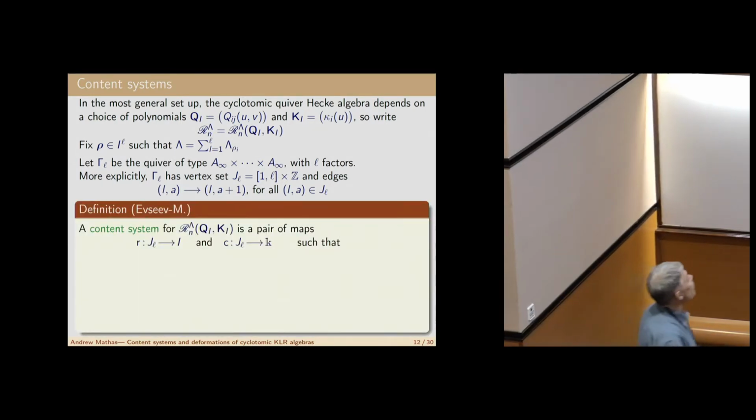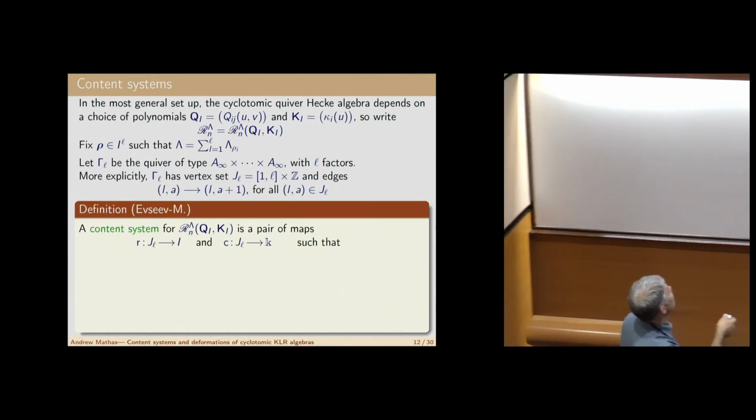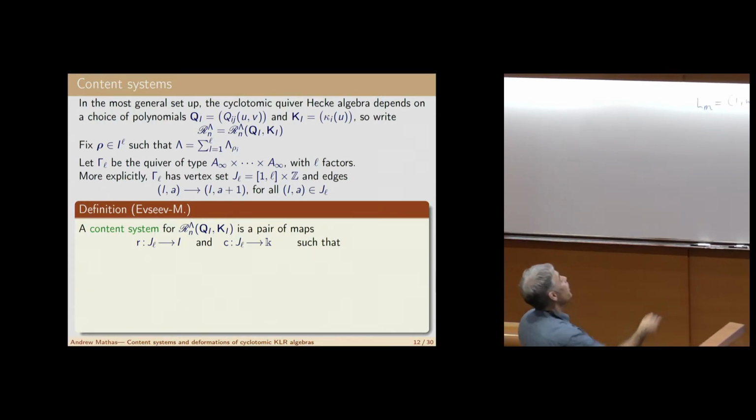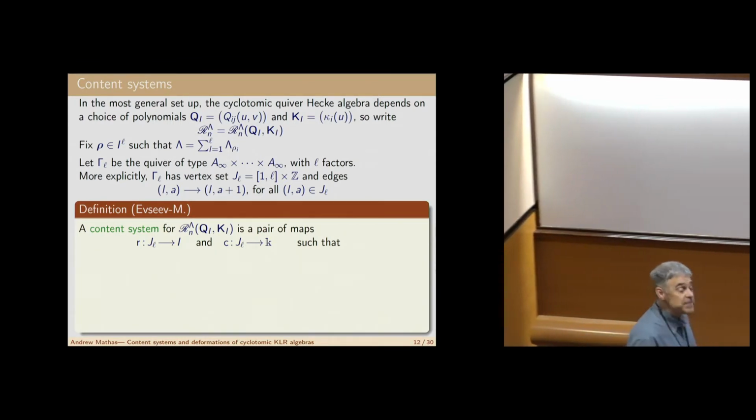Then, by coordinate system, what I mean is a pair of maps from the vertices of this quiver. So R goes from the vertices into set I, which are my residues in some sense, and C goes from the vertices into my ring K, my positively graded ring. And they have to satisfy some properties.